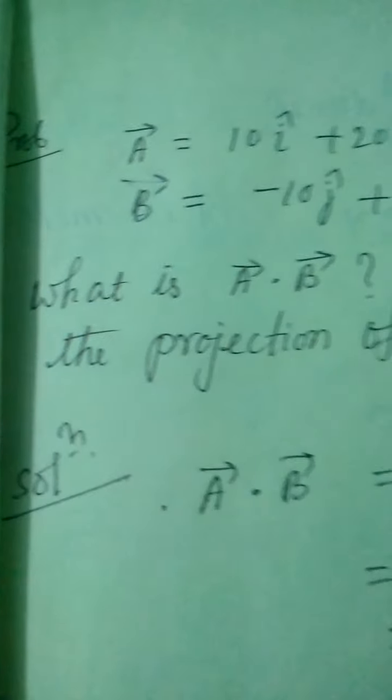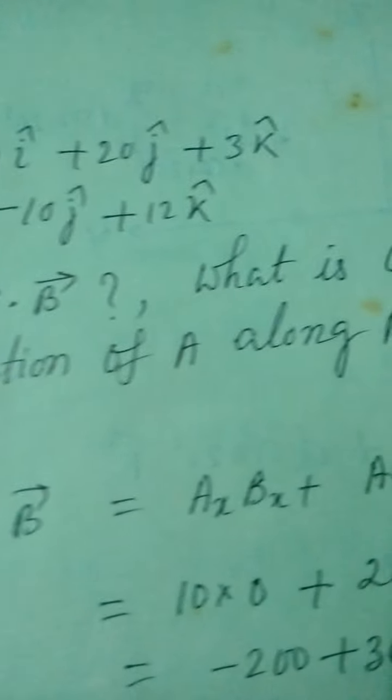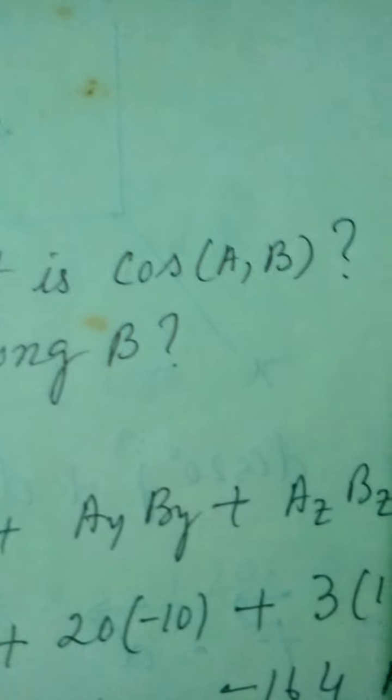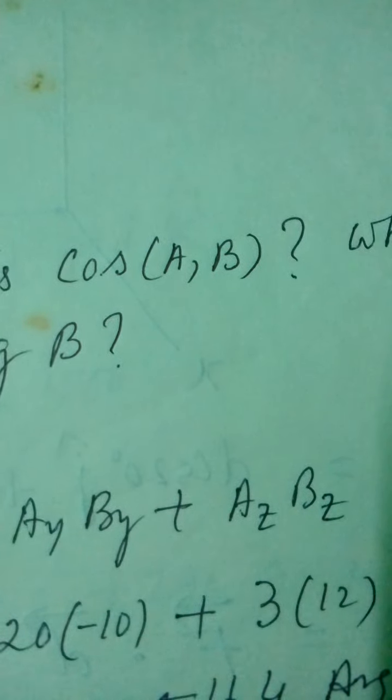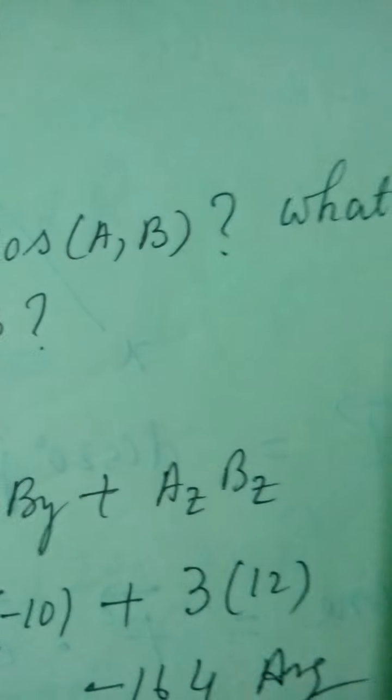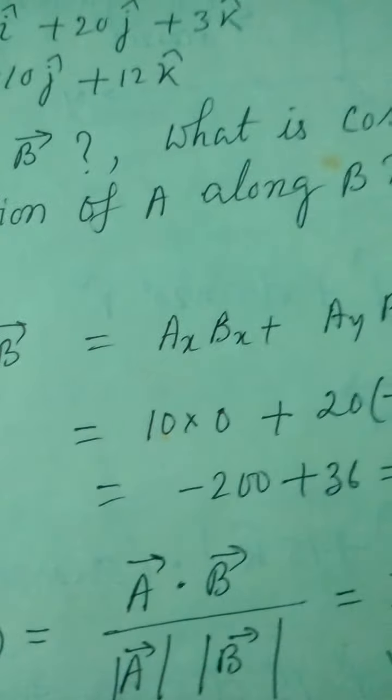Now what is A dot B? What is the cos of the angle between A and B? What is the projection of A vector along B, on B?